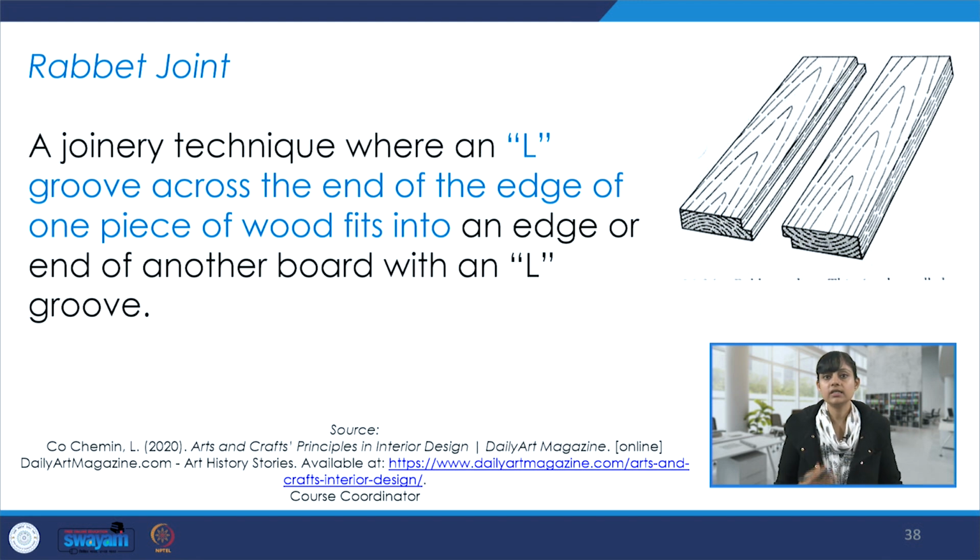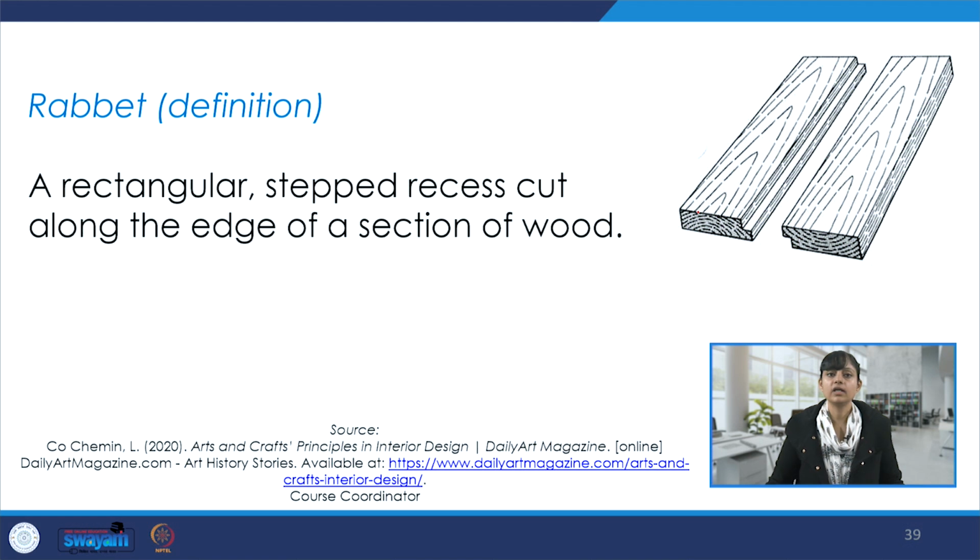A joinery technique where an L groove across the end of the edge of one piece of wood fits into an edge or end of another board with an L groove. A rectangular stepped recess cut along the edge of a section of wood is what we are calling as the rabbet, and we just saw the joinery.